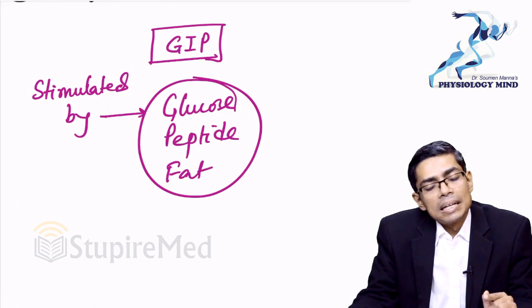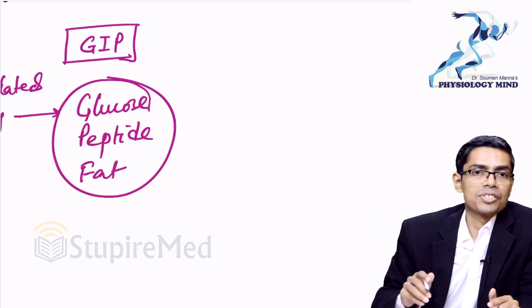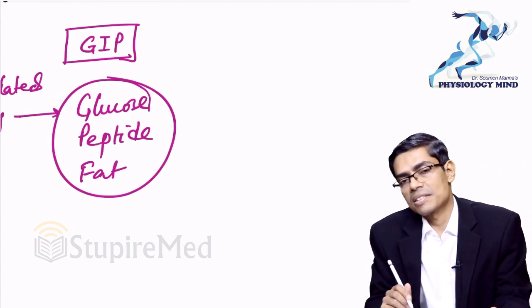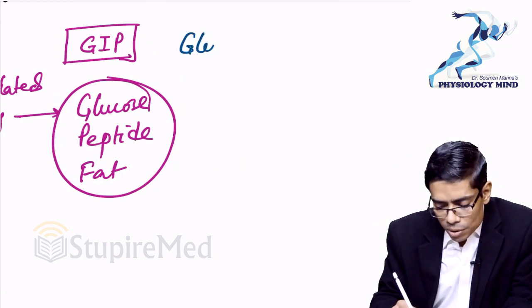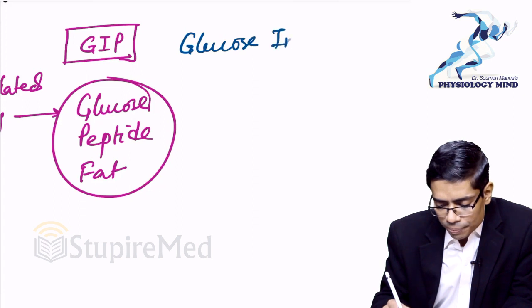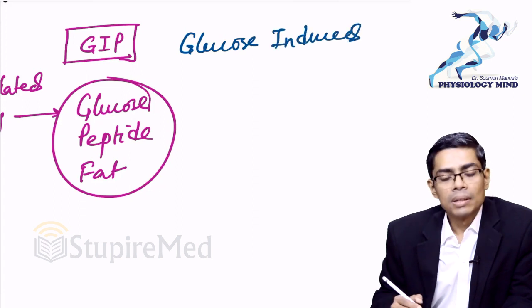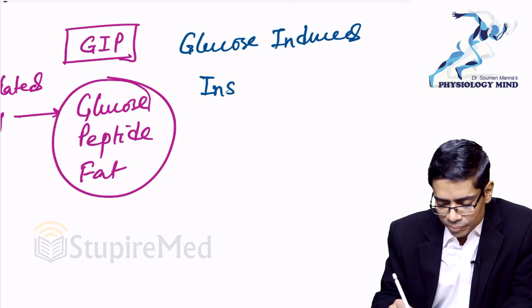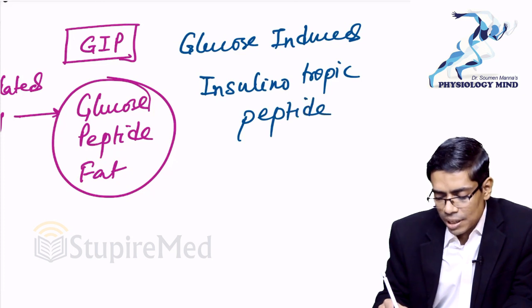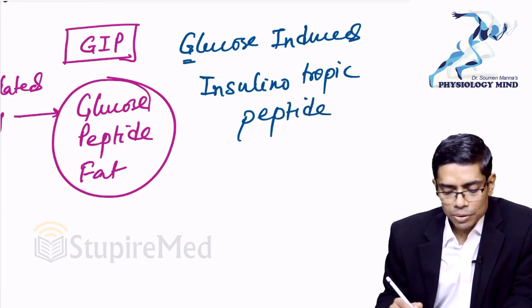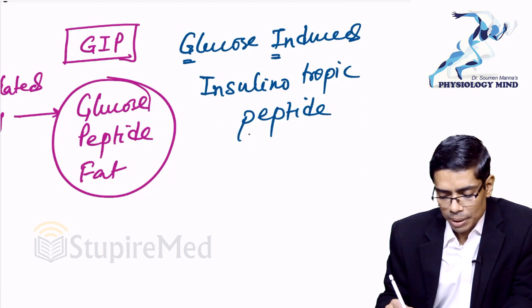Now the name of this GIP has changed. Now this is not gastric inhibitory peptide. This is now known as glucose induced insulinotropic peptide, GIP.